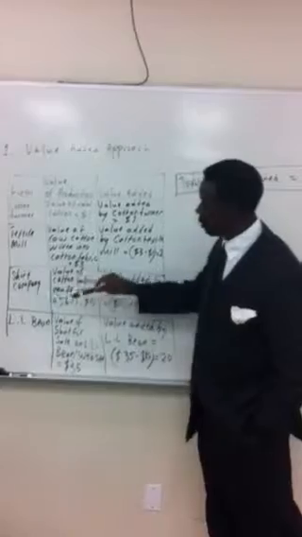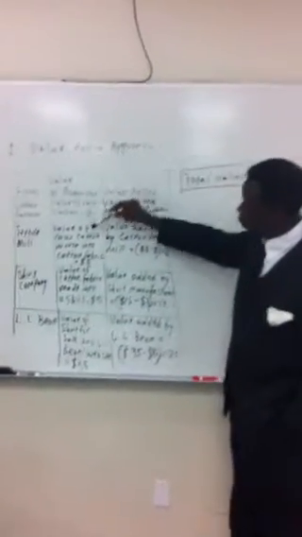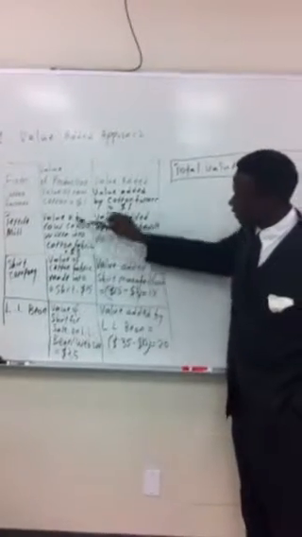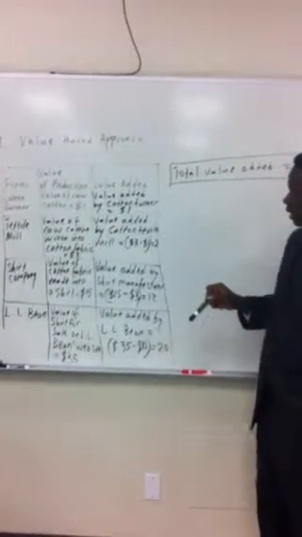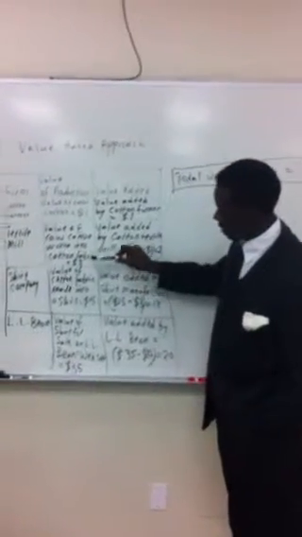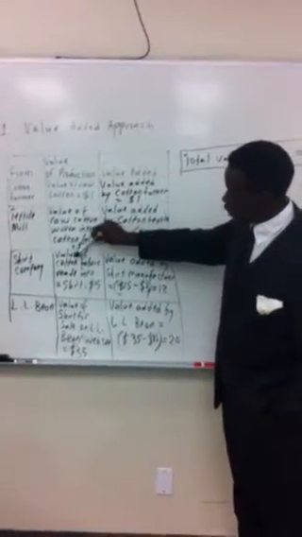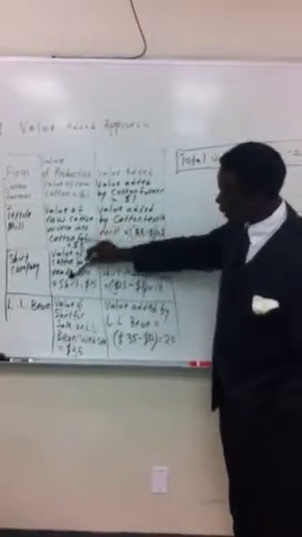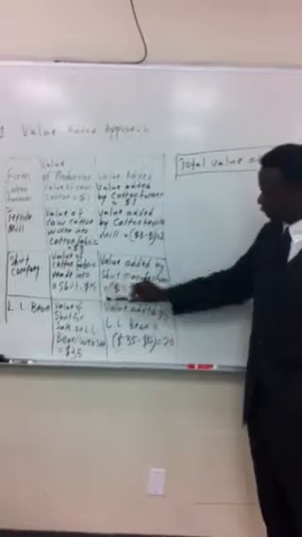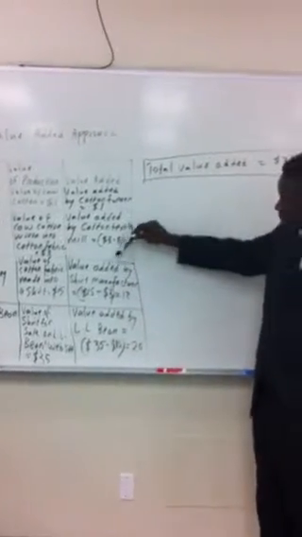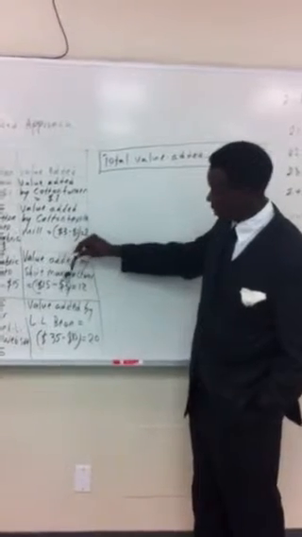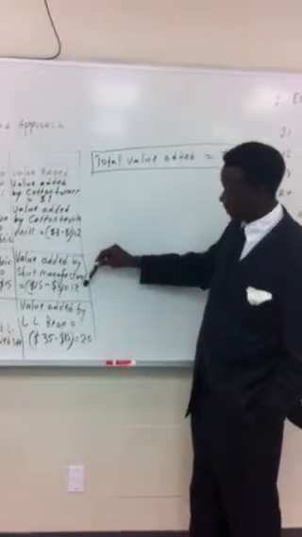Now, the shirt company bought the woven cotton fabric from the textile mill and made a shirt out of the cotton fabric and sold the shirt for $15. So the value added by the shirt manufacturer is $15 minus 3, which is equal to 12.